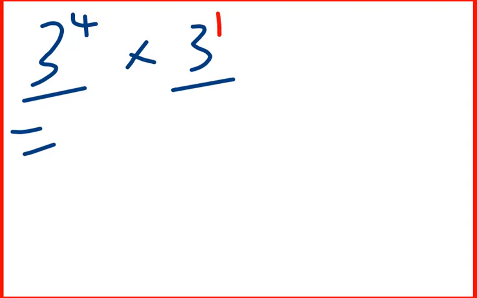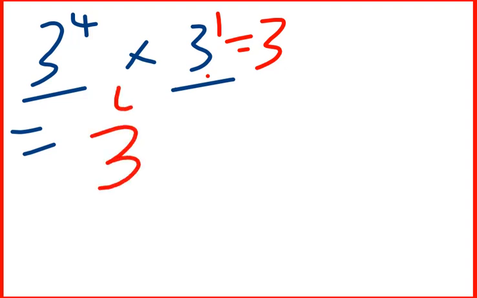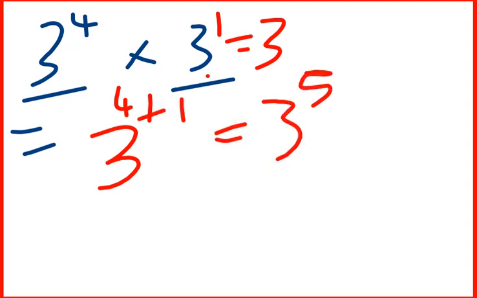Whenever a number does not have an exponent, the exponent is automatically 1, because based on the second rule that I just introduced in the previous slide, 3 to the power of 1 is still 3, so we didn't change the value, but it has a power of 1. So we have 3, because that's the base, to the power of 4 plus 1, which is 3 to the power of 5. And that's just how you use law 3.